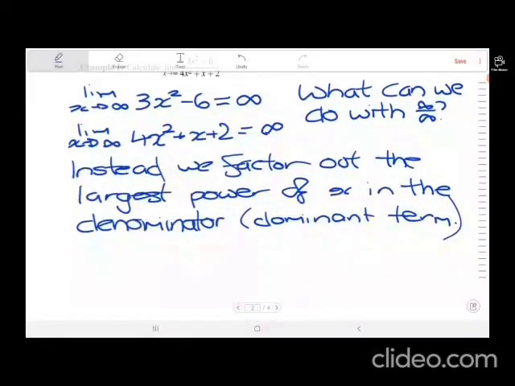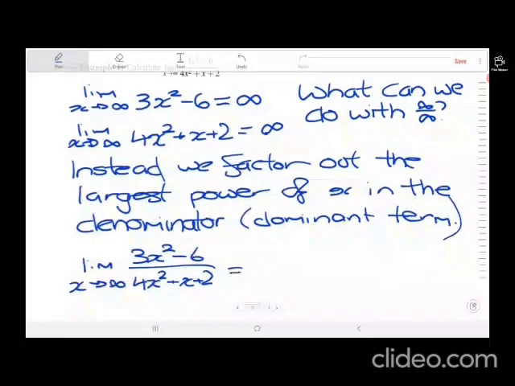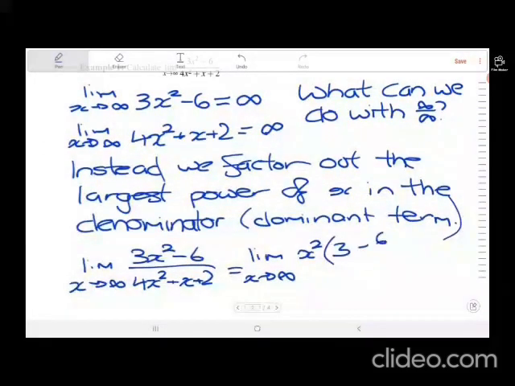So the limit we have is the limit as x goes to infinity of 3x squared minus 6 divided by 4x squared plus x plus 2. And if we factor out the x squared in the numerator, we have x squared multiplied by 3 minus 6 divided by x squared.